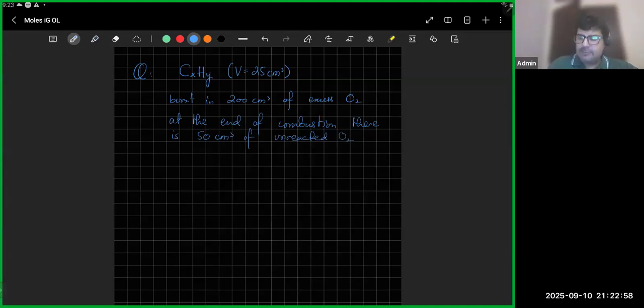So from that information, all you can derive is the amount of oxygen that's reacting. He uses 200 cm cube, and there's 50 cm cube still left unreacted at the end. So that means only 150 cm cube took part in the reaction.